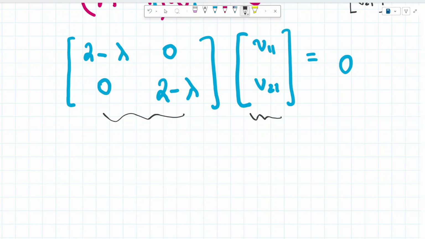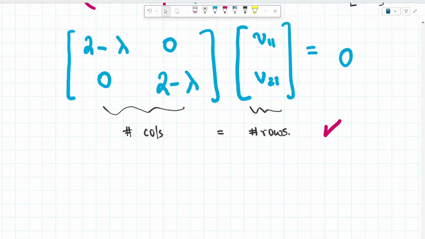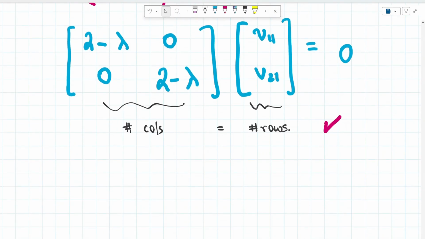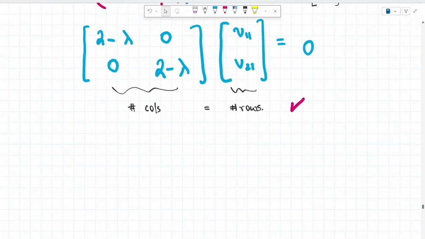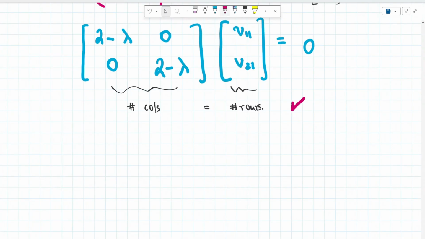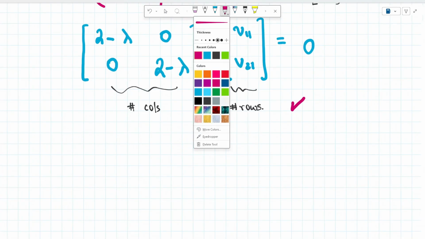The number of columns has to equal the number of rows in order for matrix multiplication to be performed. Here that condition is indeed satisfied, so we can move on. Before we get to the multiplication, let's simplify this by plugging in our value for lambda.